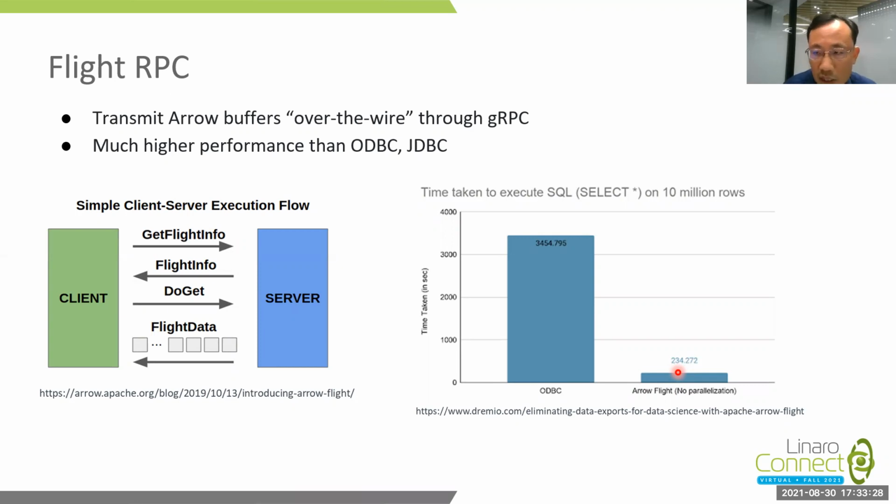The reason is that data serialization and deserialization are not necessary for Arrow Flight. This is a very expensive cost for data-intensive applications. So this is where the Arrow Columnar Format helps. It reduces the serialization overhead and improves the performance significantly.